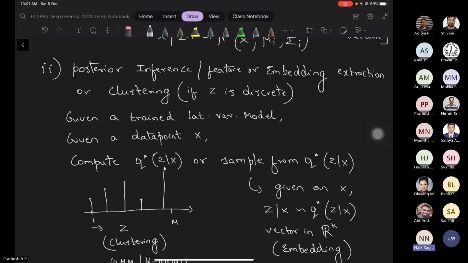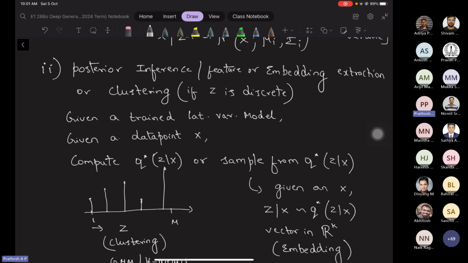So why do you call it a sample? For a given x, you can get different values of z. The reason I'm calling it a sample is that when the latent variables are continuous, you won't get an entire distribution over z given a particular x, especially in cases like BERT.